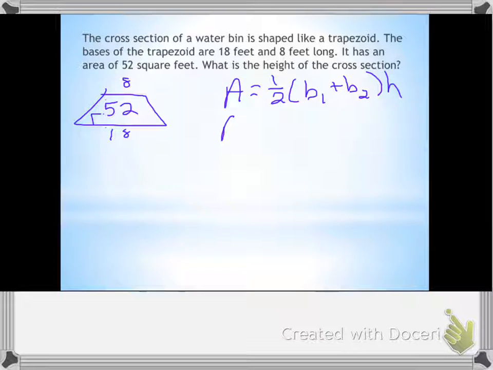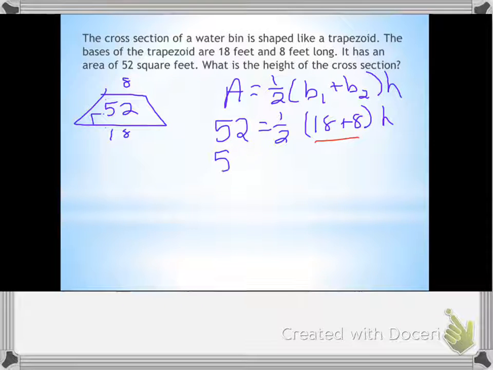Then the area of this little trapezoid is 52. So 52 equals 1/2. Base 1 is 18, base 2 is 8, and then we have our height. Order of operations tells me that I need to go ahead and add those together first. 18 plus 8 is 26.